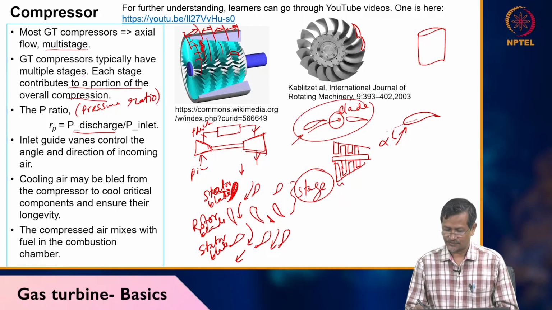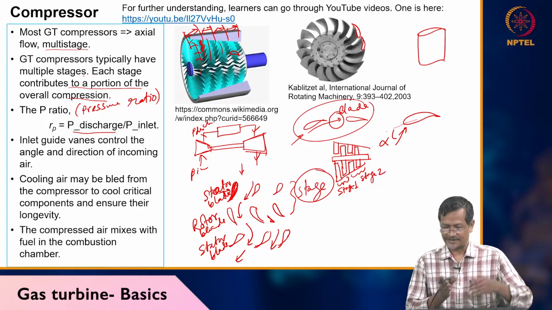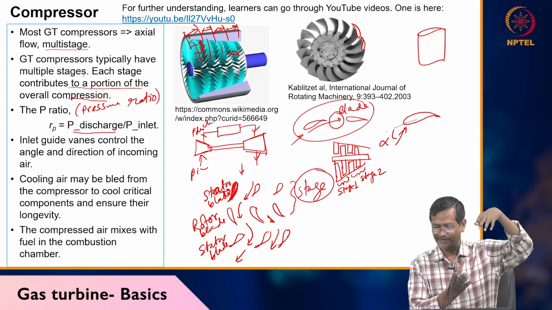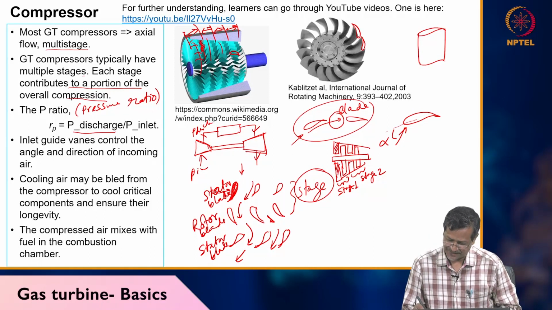So that is one stage. You can see the stator is connected to my casing, so that stator will not be rotating with the shaft. I am shading this stator just so you can see it.